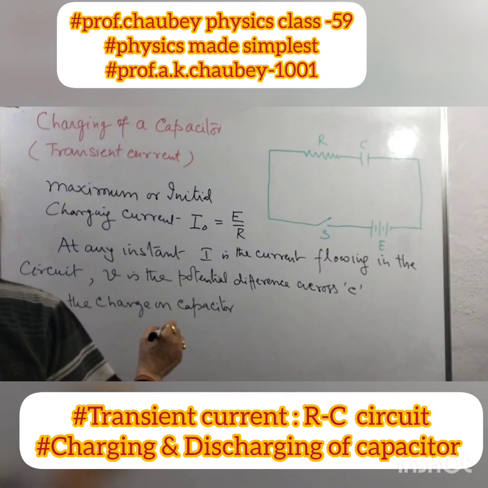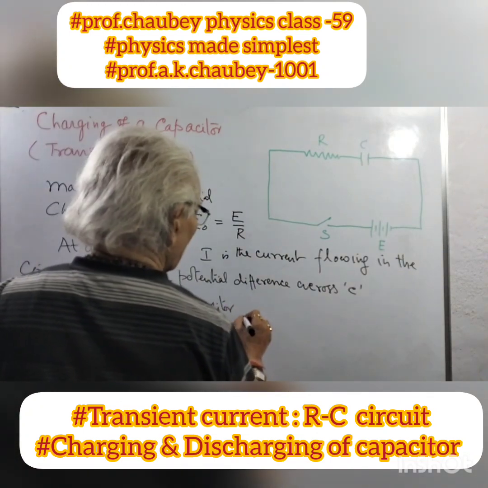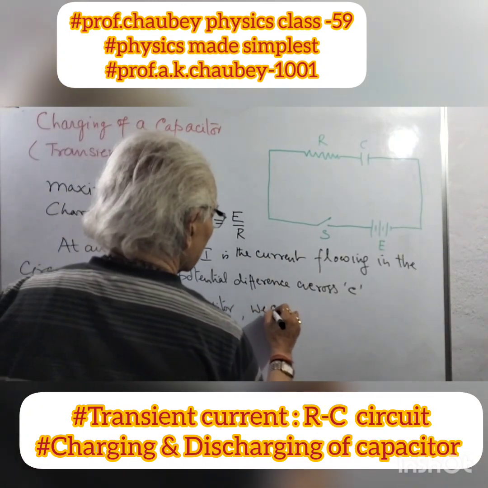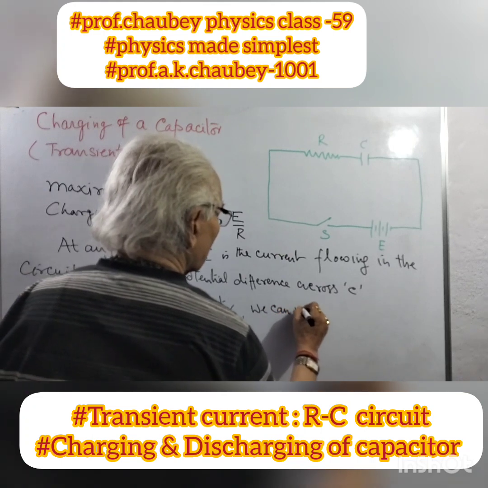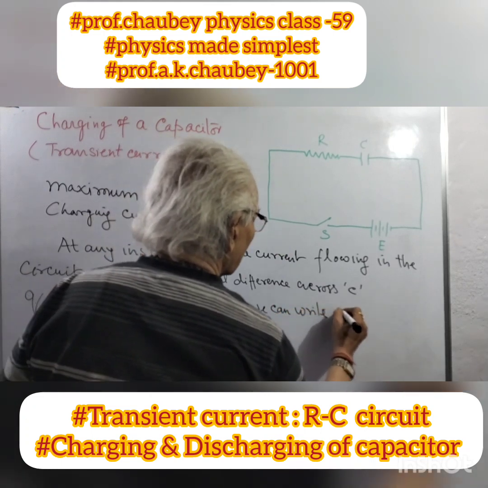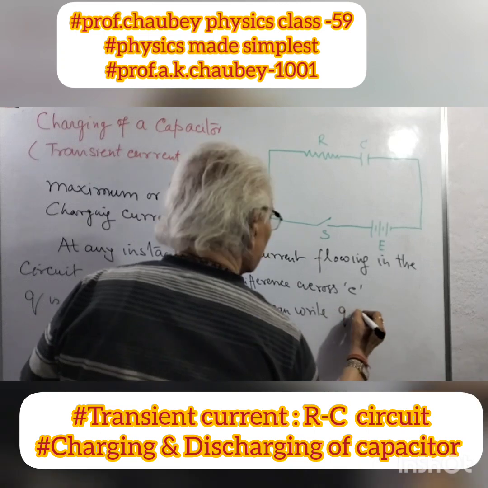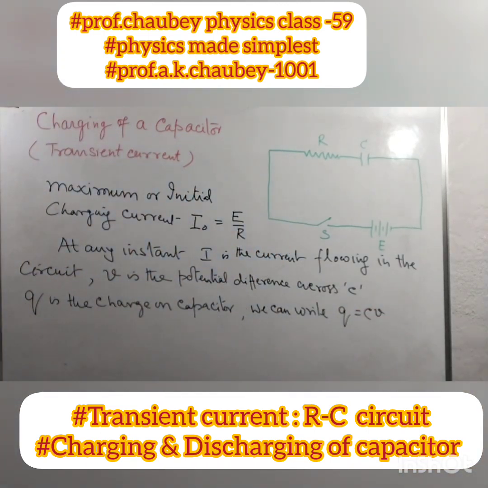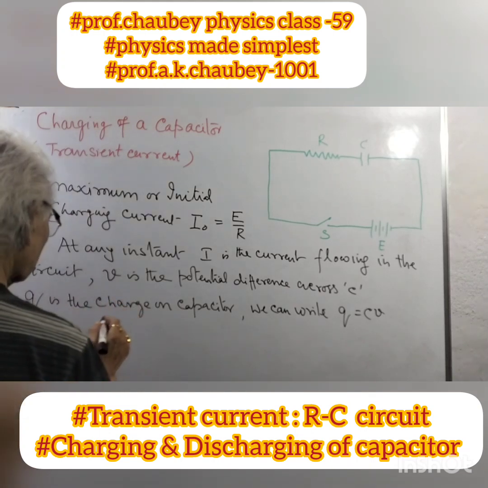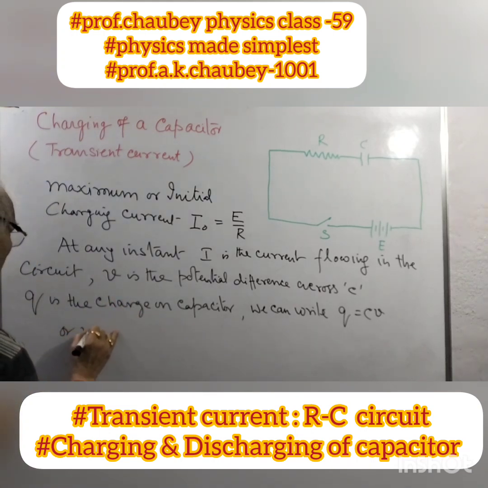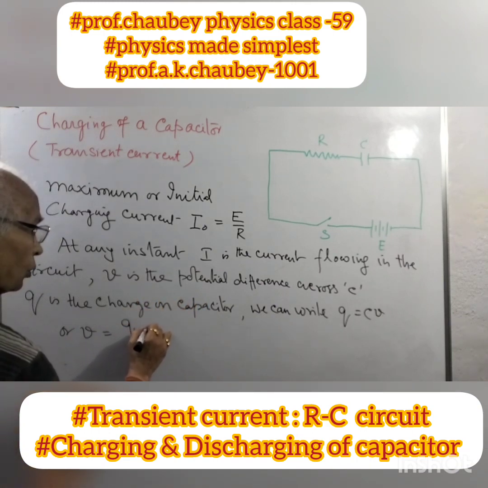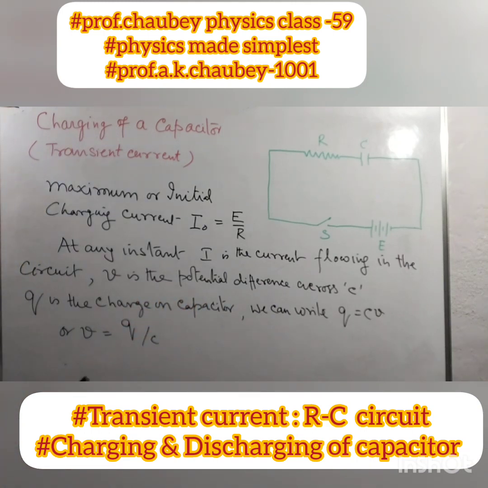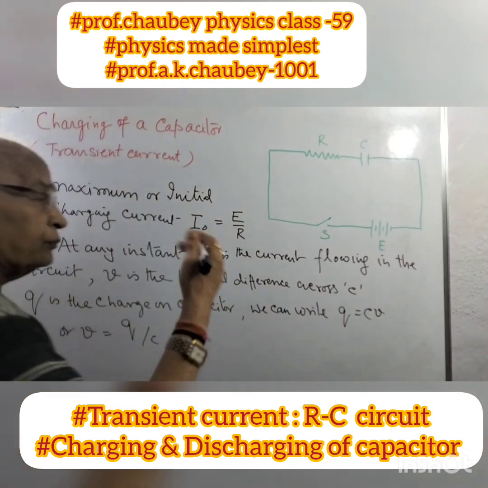Then we can write Q is equal to C V, where V is the potential, or V is equal to Q over C. And we know that the current in the circuit is the rate of flow of charge.